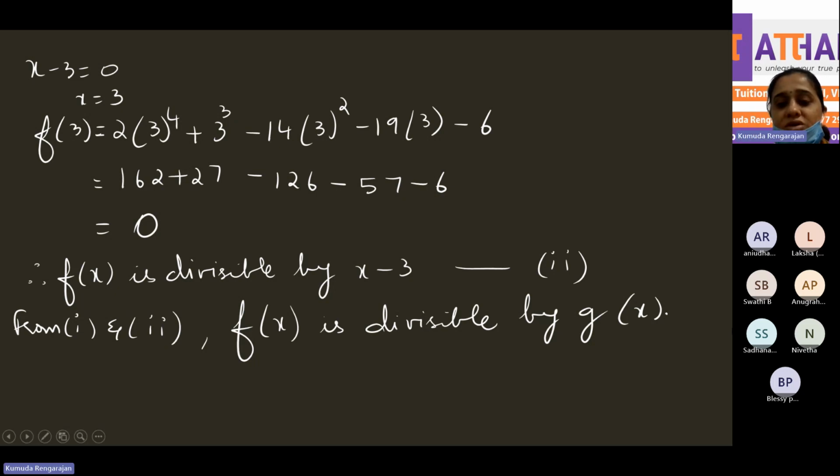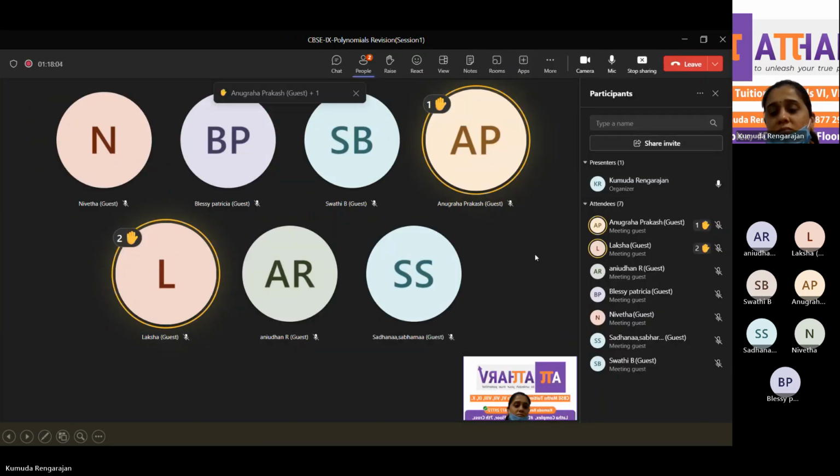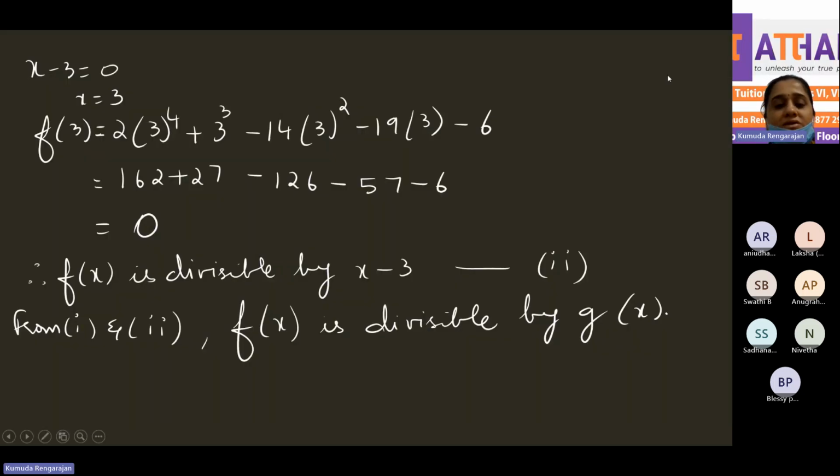Online children, use the emoji, raise your hand. Nugraha, Laksha, Sadarna, Sadhna, Niveda, Nirudan, Swati, and Blessy. Very good, children. Have you all completed this, online children? Yes, shall we go to the next one, ma'am? Okay.